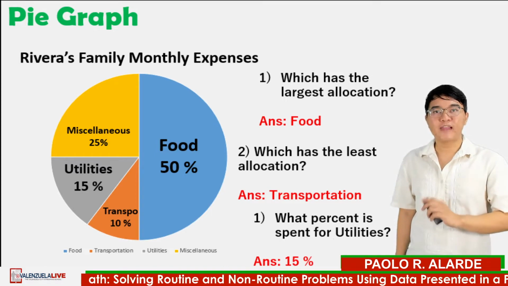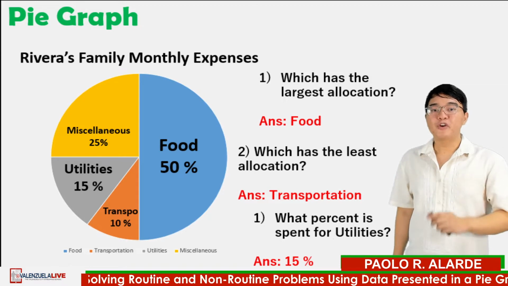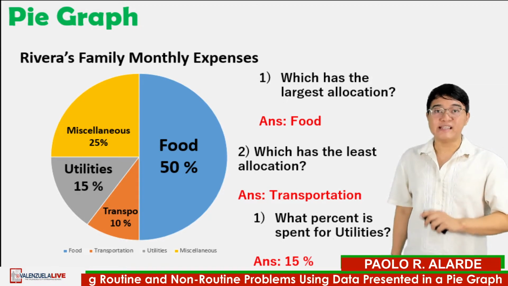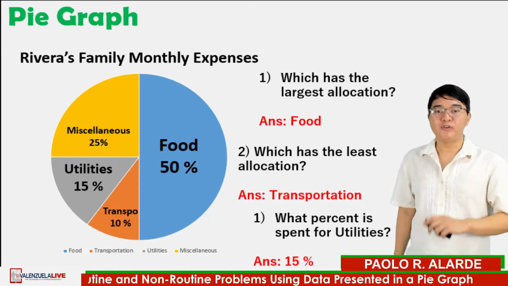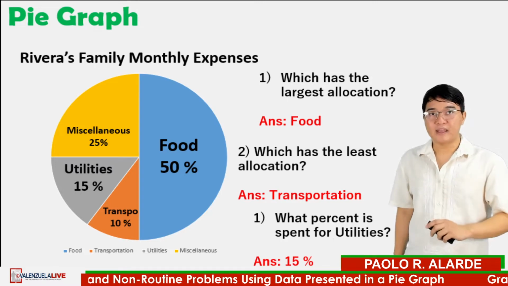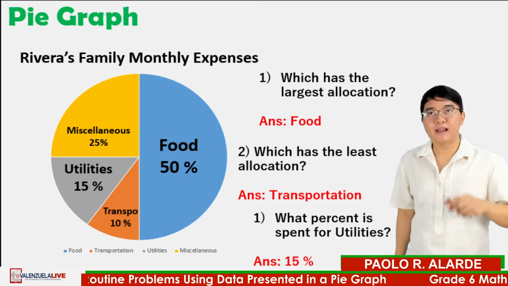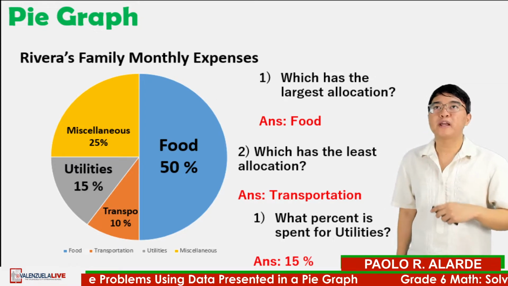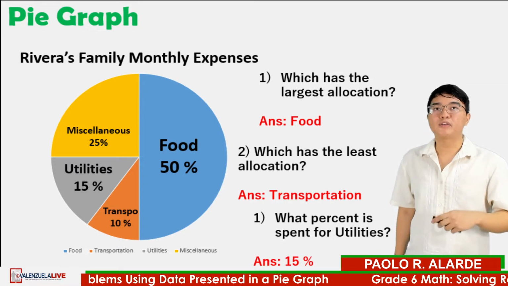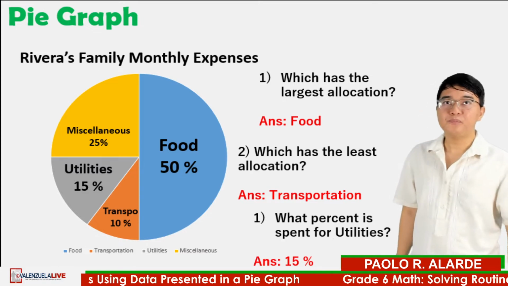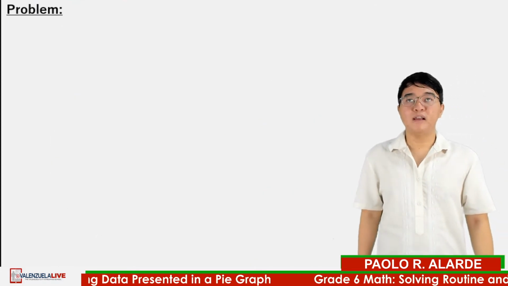Okay, so this time, we are going to solve some routine and non-routine problems using the data presented in a pie graph. I will be showing you some data and a pie graph, and then we will try to solve some problems. So this is the problem.